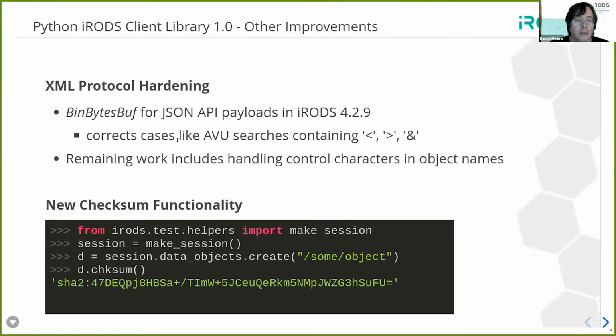In some of the new APIs in 4.2.9 that support these two capabilities we've just talked about, we've actually had to modify the Python client to adapt to a use of a different packing instruction than was used in 4.2.8, so that we can insulate ourselves from some of the problems that happen when you include, for example, less than, greater than, ampersand, because the PRC speaks an XML-like protocol that iRODS uses for some of its clients.